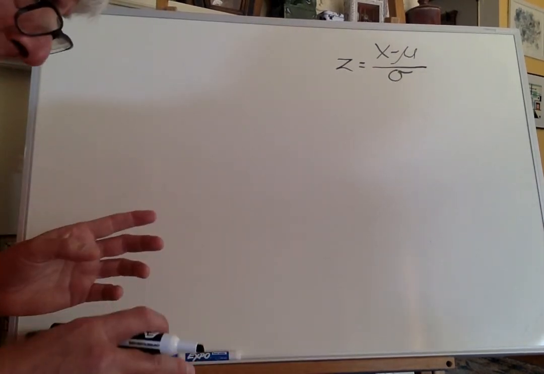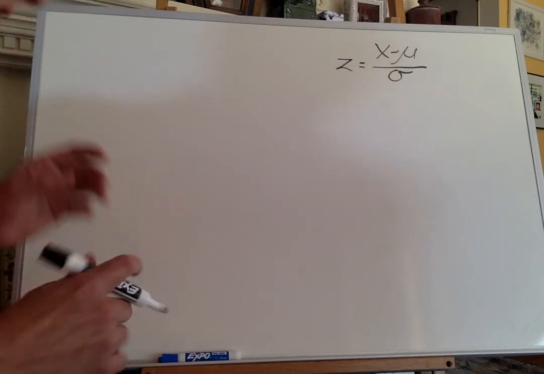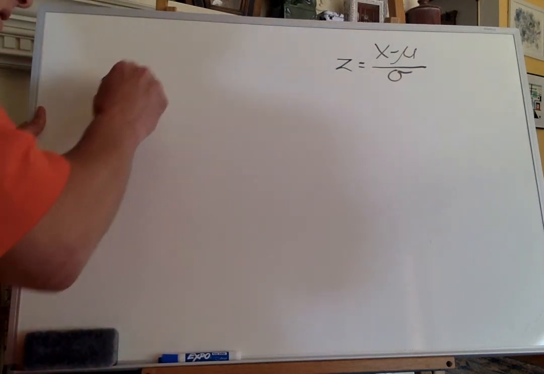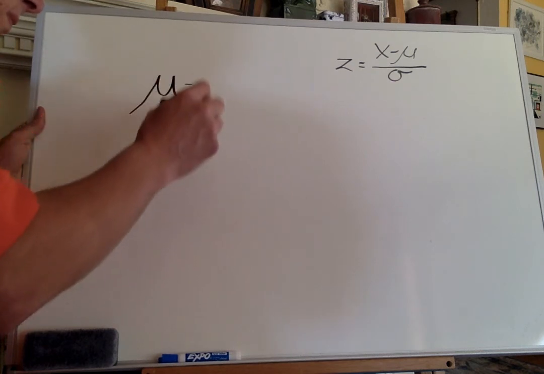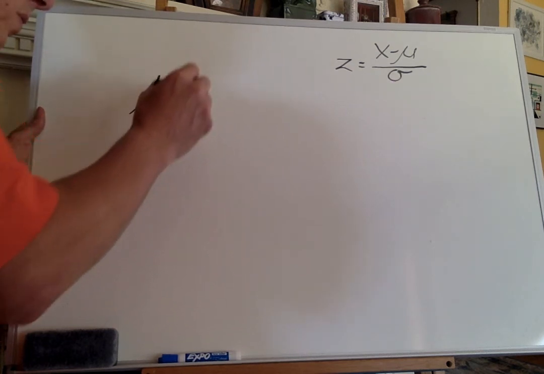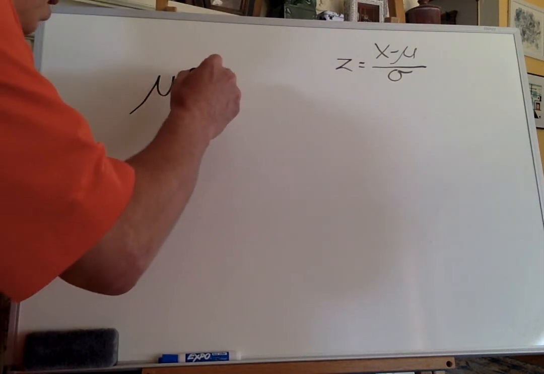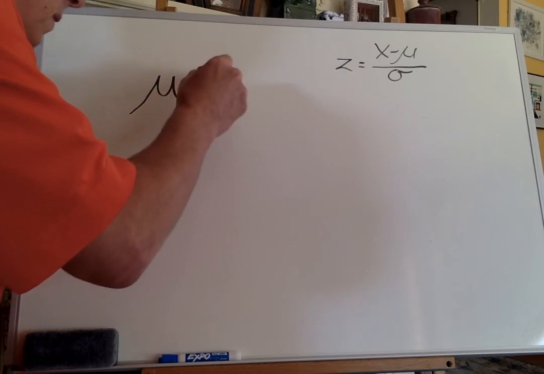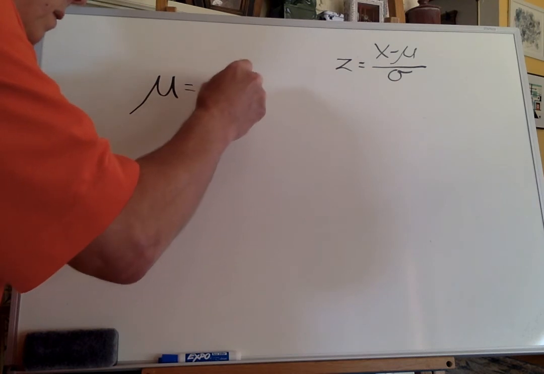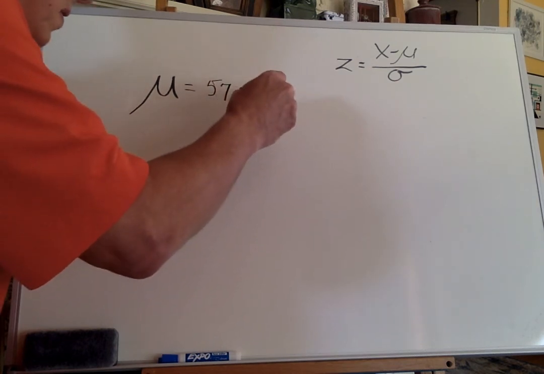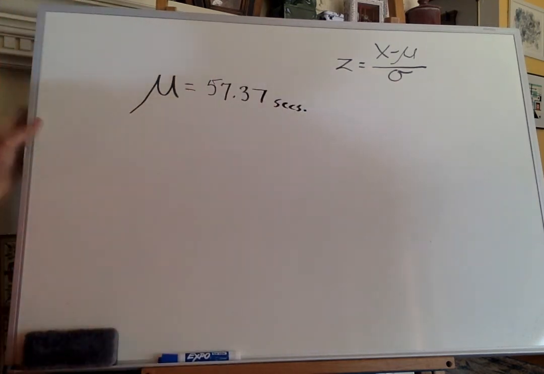Thousands and thousands of track and field students do this event, and let's say that the average for the event, the time it takes you to get around the track or whatever it is, let's say 57.37 seconds. Okay? So a minute, what would that be, like a quarter mile?